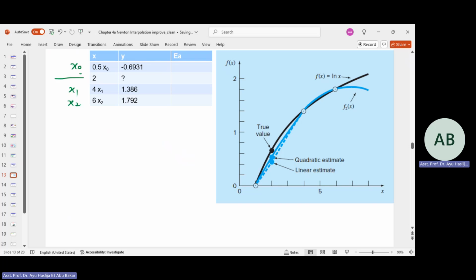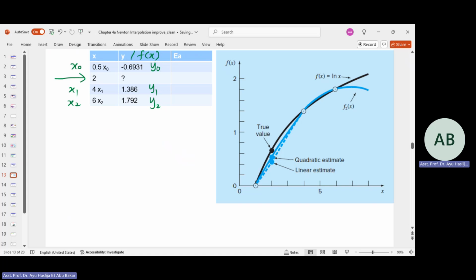You are required to find ln 2 as well, but now n equals to 2, polynomial. So press your calculator for x0, x1, x2. This is your y0, y1, y2. Y or fx, same. Don't confuse yourself when I use y or fx.